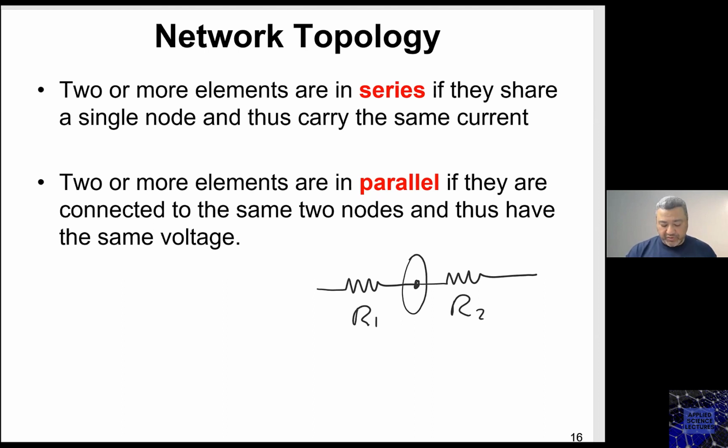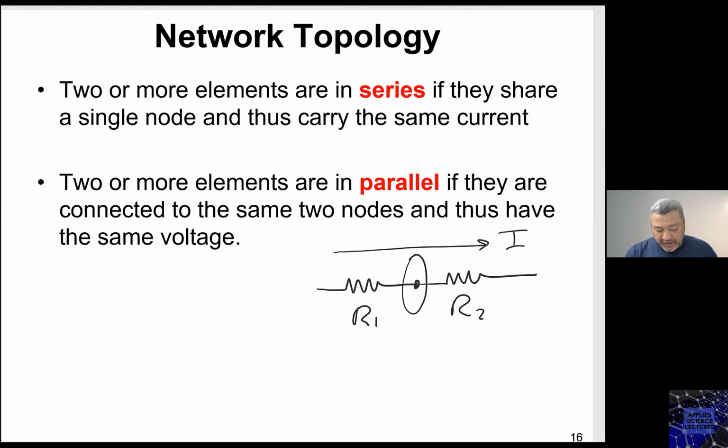Let me call this one node, because right now they have created an electrical node. And there are no other components that are sharing this node. This is going to result in the same current going into those two components. And this means that R1 and R2 are in series. So they share the same current. The same current is going through both of them. So they are in series.